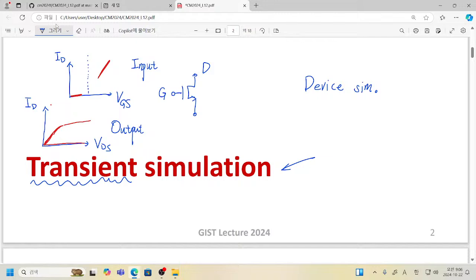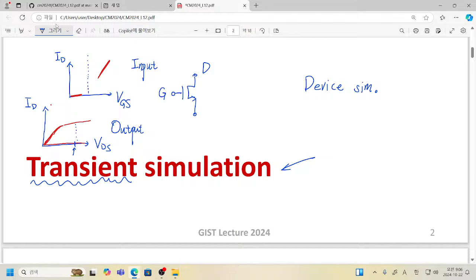This kind of characterization does not consider the speed of your biasing. You assume that you have applied a certain drain voltage and certain gate voltage for a sufficiently long time.